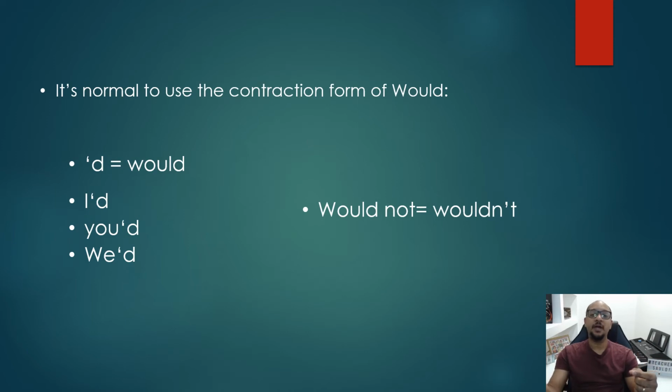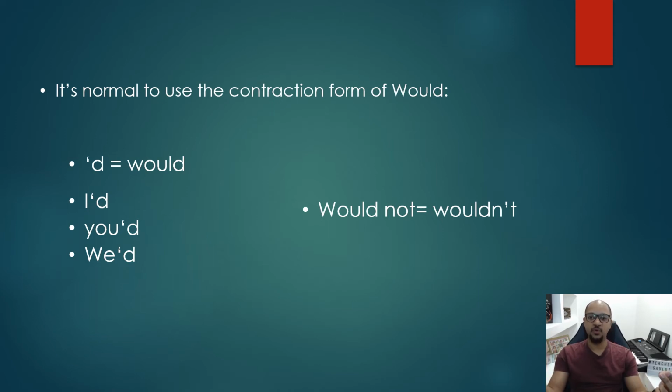But if I'm talking about the negative, as we can see, would not becomes wouldn't: I wouldn't, you wouldn't, she wouldn't, he wouldn't, we wouldn't. That's the negative contraction, okay? In the positive, I'd, you'd, he'd, she'd.